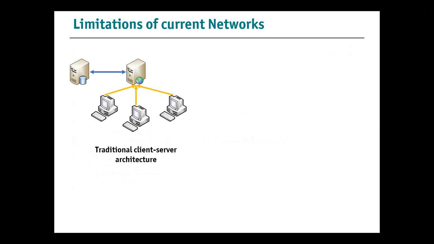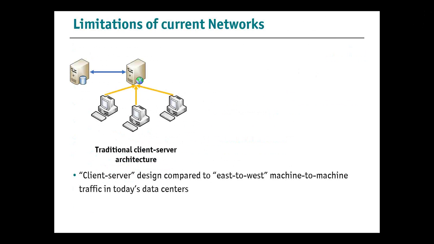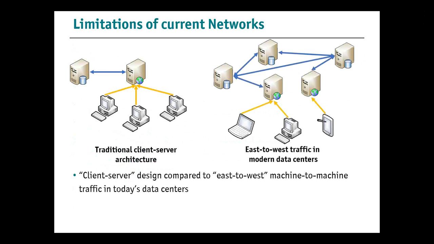As you can see here, the traditional client-server architecture is shown, and in contrast to this architecture, today's data centers operate in a design compared to east-west communication. So you can see here the east-west traffic.